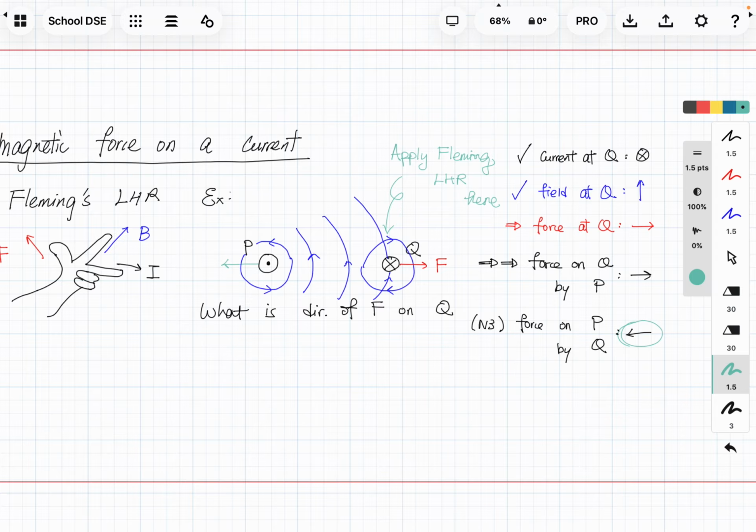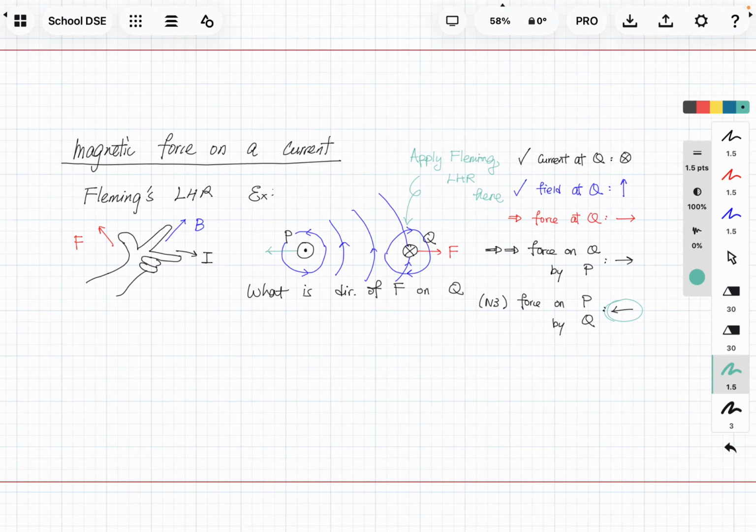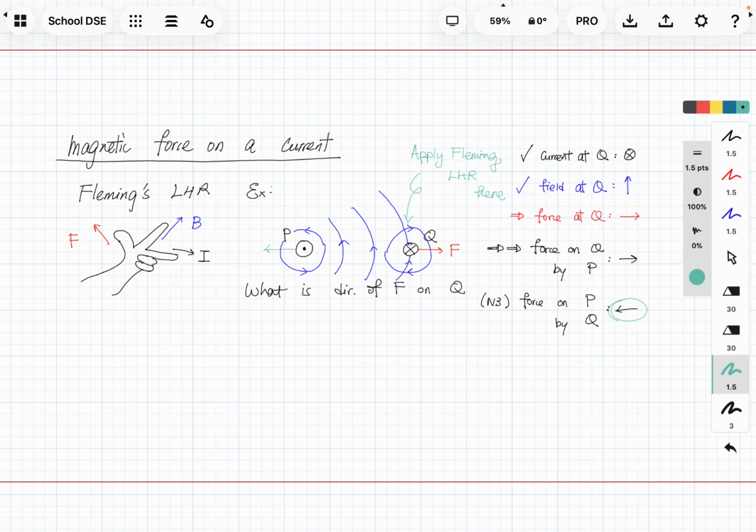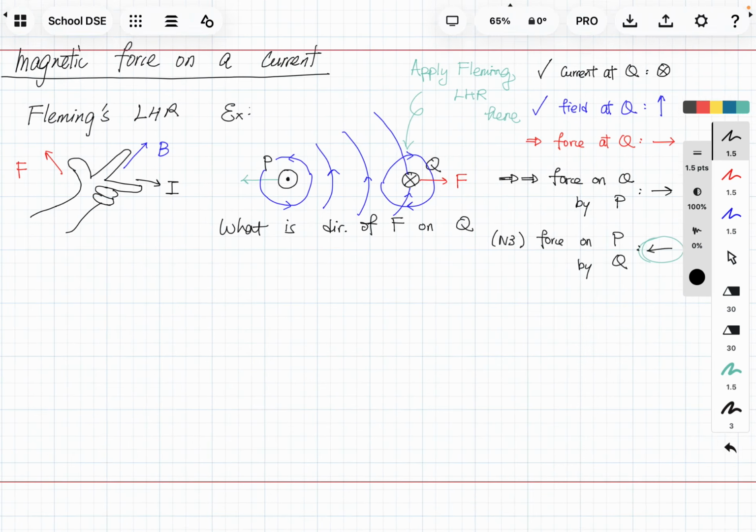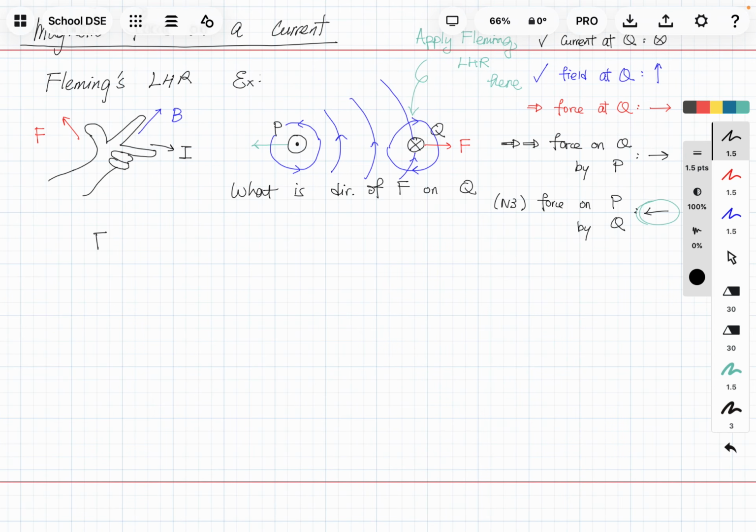Please remember the magnetic field is pointing from north to south, not the other way around. And then this time, I have 4 different particles, with charges positive, negative, positive.